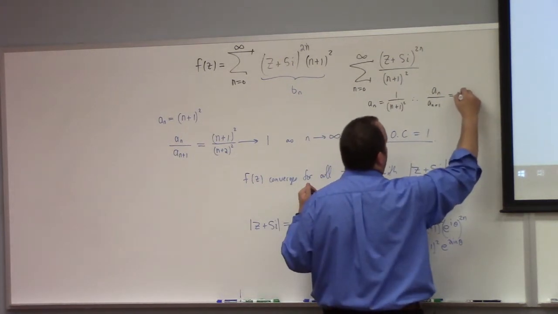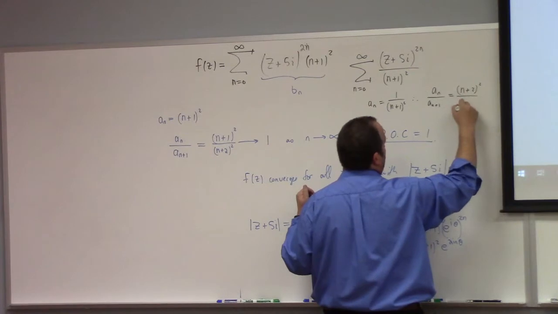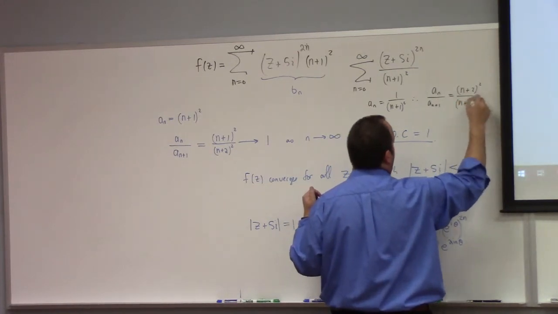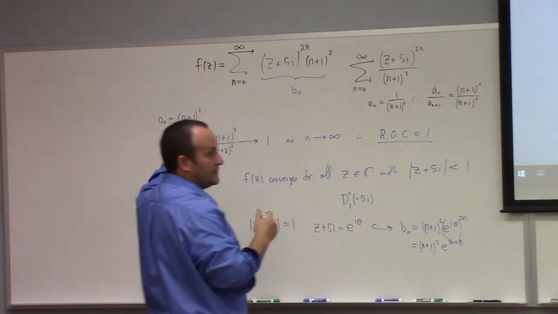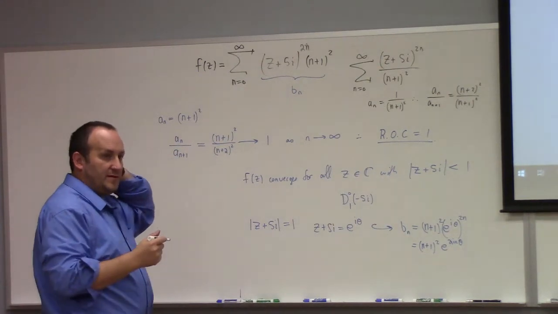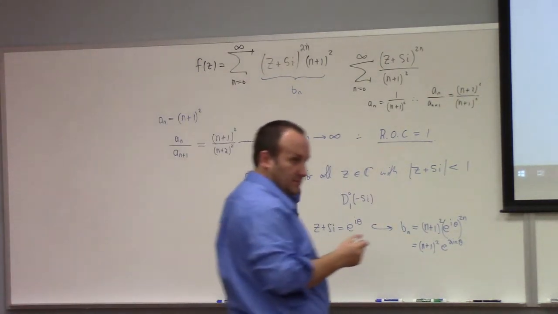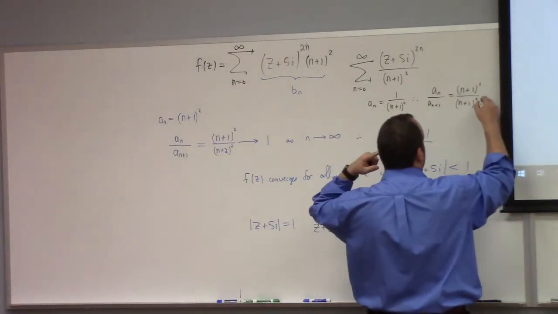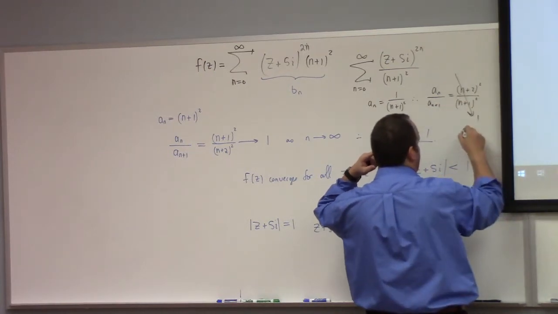I think you get n plus 2 squared over n plus 1 squared this time. You get the reciprocal of what we had before. It just goes flippity floppity. It still limits to 1, right, as n goes to infinity.